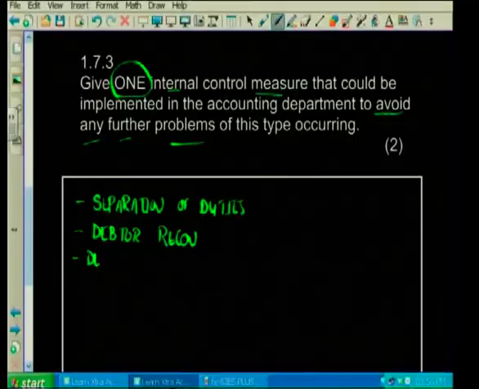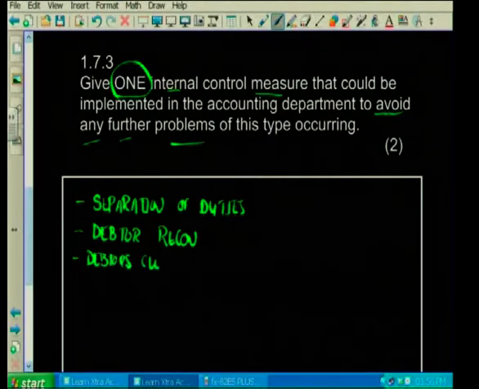So continuously, on a regular basis, do a debtors recon. You can also employ a debtors clerk, a person that will be tasked with looking after the debtors in such a way that you know that if there's anything going wrong with these debtors, then this debtors clerk would be responsible.